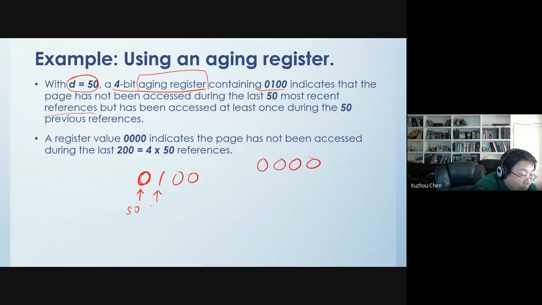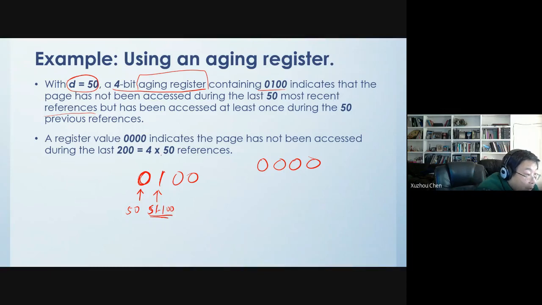But in the 51 to 100 range, the bit is 1, so that means the page was referenced during the past 51 to 100 page references.